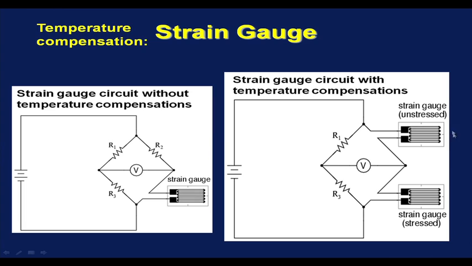So, the change in resistance due to temperature change will be nullified by the change in resistance of the strain gauge caused by temperature, which is not strained. So, this way, by putting two identical strain gauges, but using only one connected to the specimen whose strain I want to measure, I can compensate for the changes in temperature.